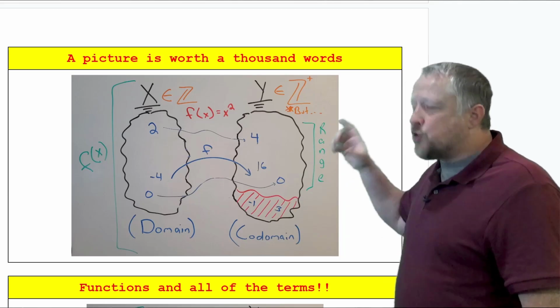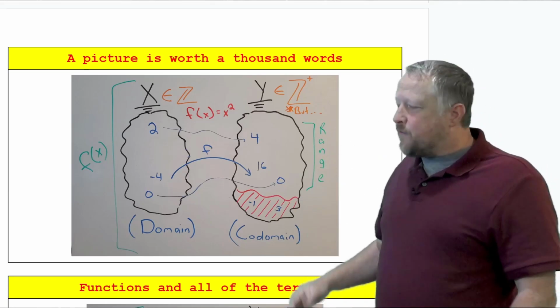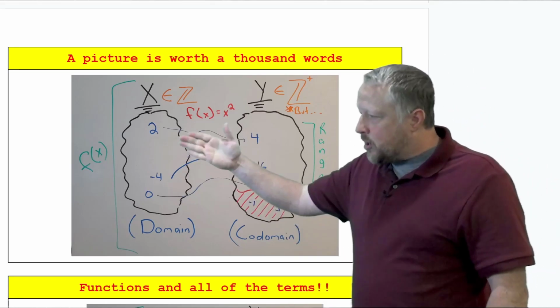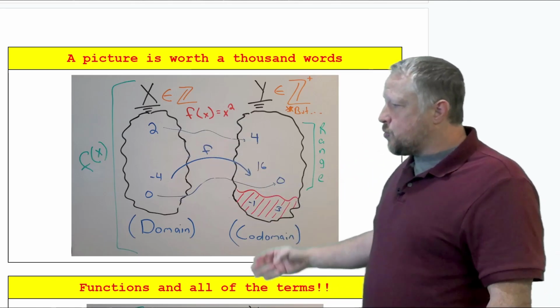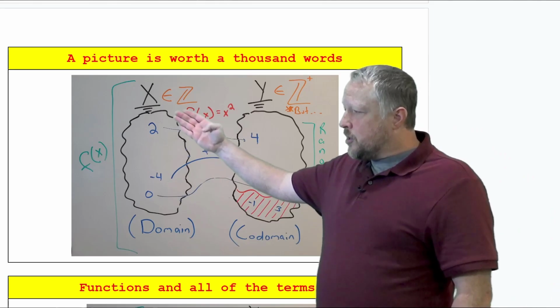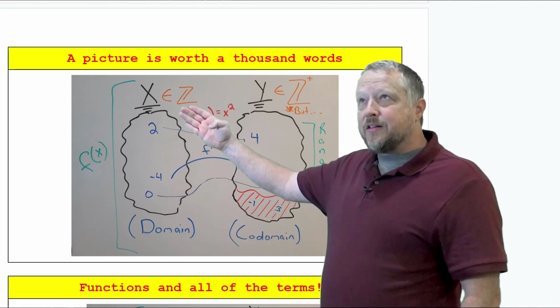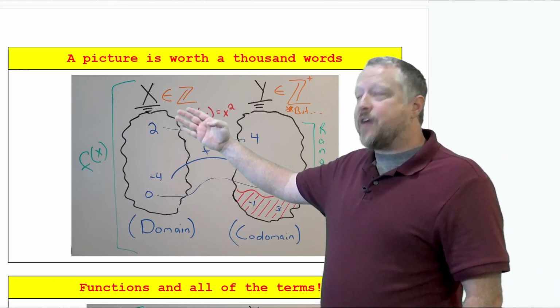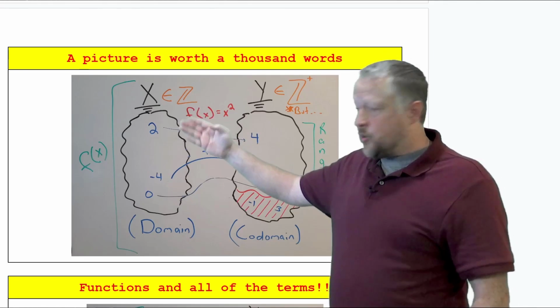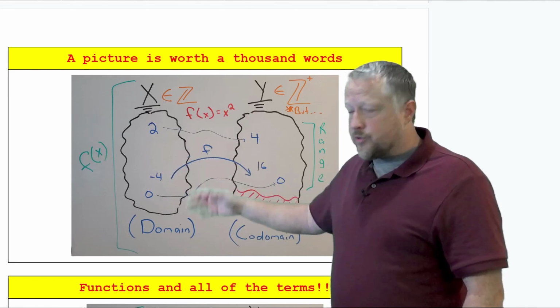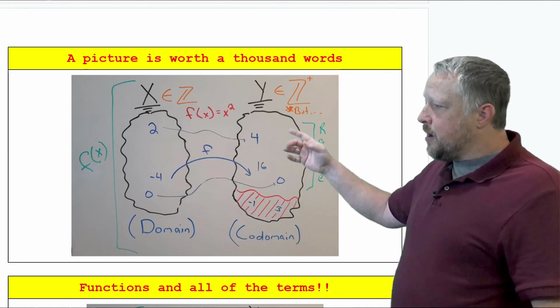So the range is really what all of our answers or solutions are going to be from the given function that we have. There's a couple of things in here as well. Number one, notice that usually we're giving what the capital X set of possible values is going to be. So these are going to be all integers. Notice, all integers, all those in the domain.